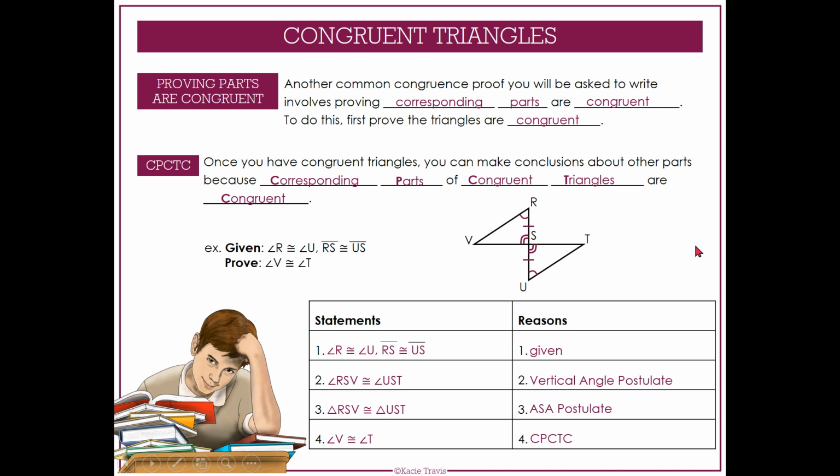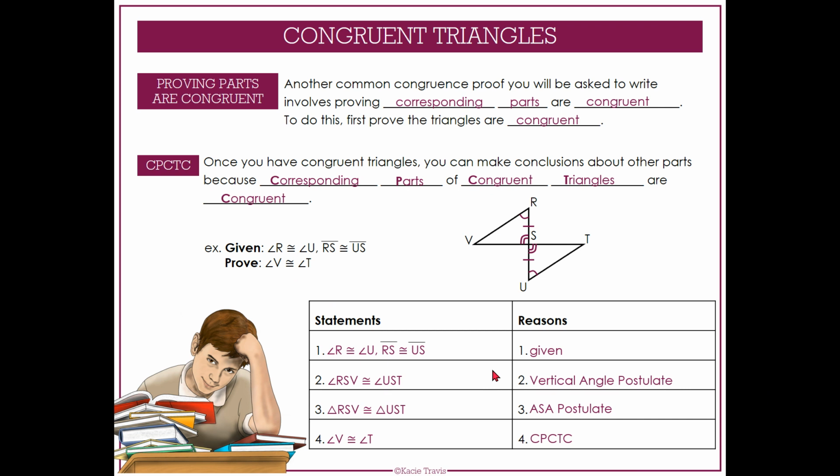Okay? So it just takes you a little bit of time to go through and set up at first, but you have to make sure that you got enough information to bring it home. Don't just write the word prove. Prove is not a reason. You have to give an actual bit of information so you can go through and actually prove that the triangles are in fact congruent.